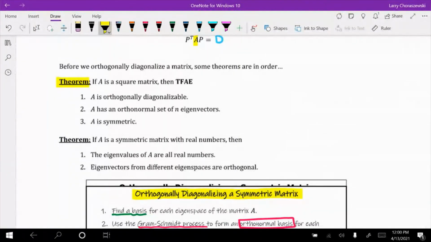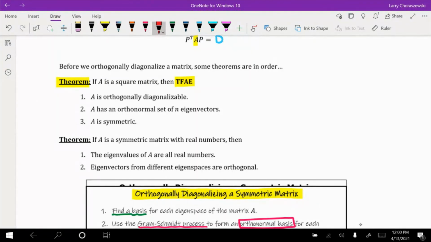It says if A is a square matrix, then TFAE, okay, meaning that the following are equivalent. The first one says that A is orthogonally diagonalizable. So if this is true, then it means that A has an orthonormal set of n eigenvectors.